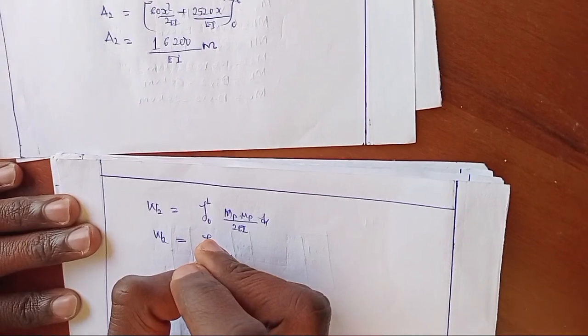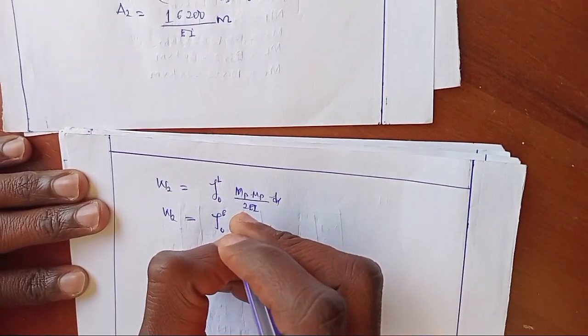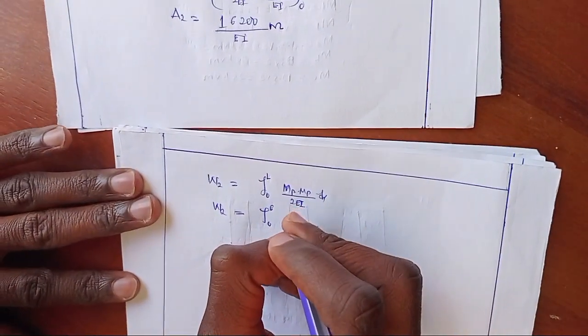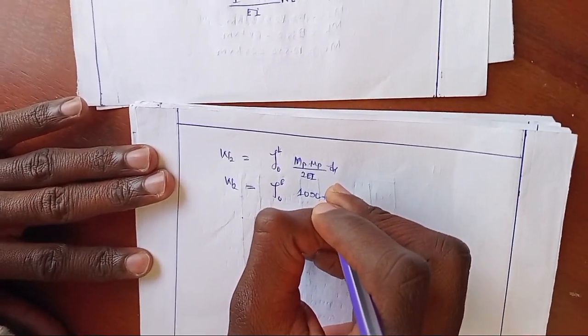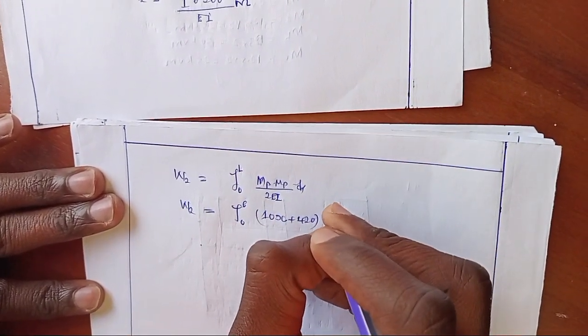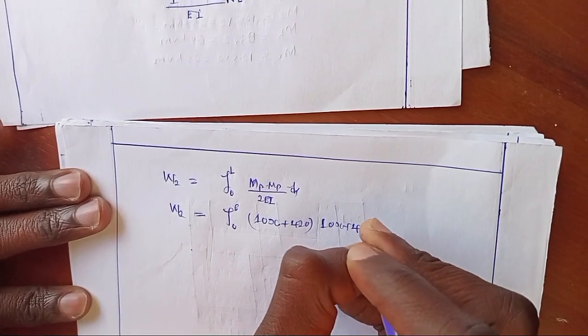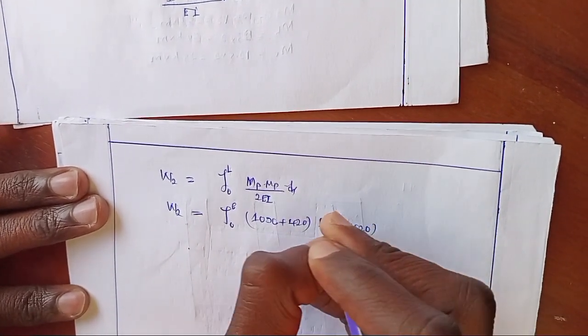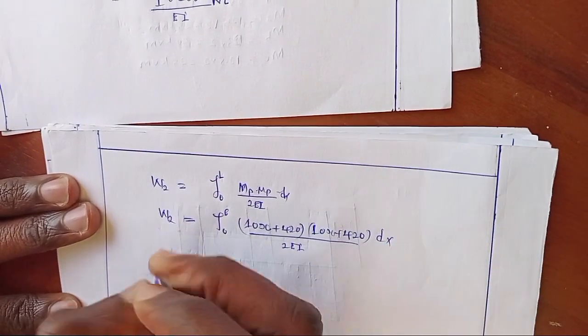So it will be from 0 to 6. The moment due to applied load was 10x plus 20, times 10x plus 20, over 2EI dx.